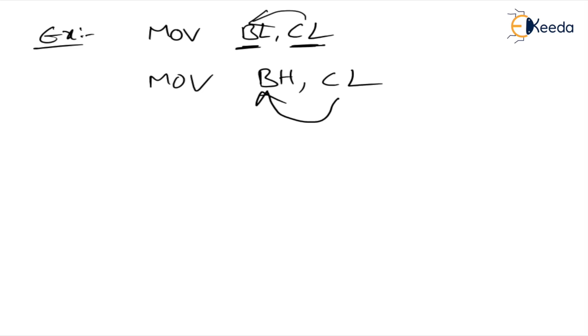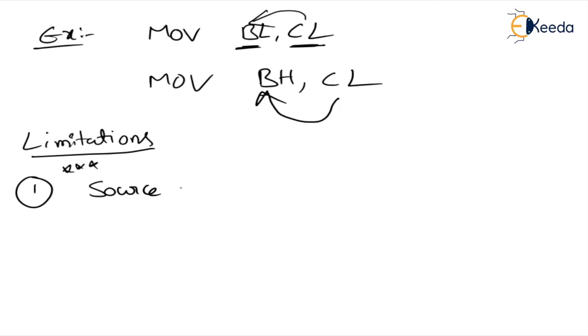Now coming to the limitations of this register addressing mode. The first one: source and destination cannot both be segment registers. Remember, this is very important.